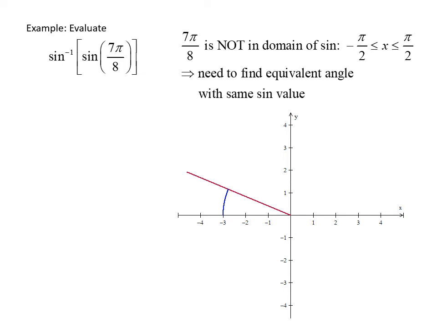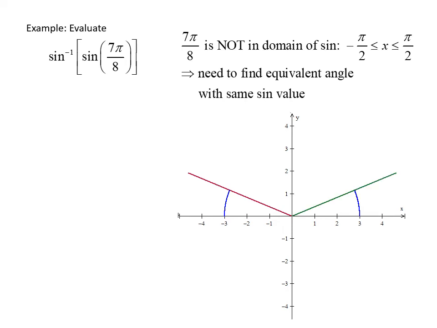Sine is positive in the second quadrant. We need to think, where else is sine positive? Sine is also positive in the first quadrant. So there is an angle in the first quadrant that has that same sine value, and that's going to be the angle that we're looking for.